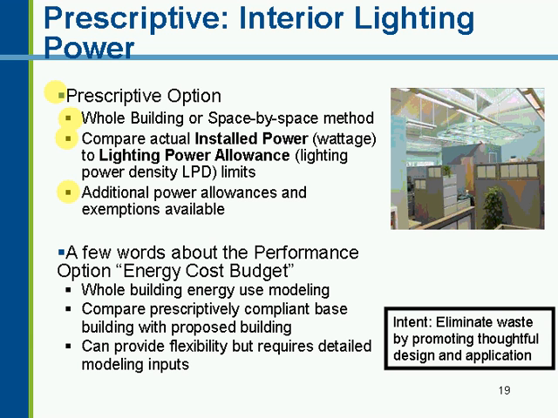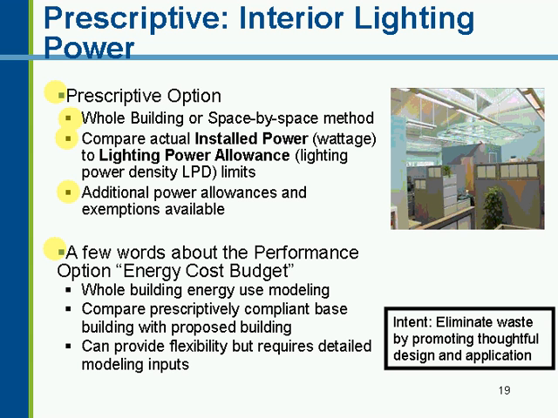One other small point I want to make here, just talk a little bit about another compliance option other than the prescriptive option, which is the performance option, or sometimes referred to as the energy cost budget. This is typically used for larger buildings with usually more complicated systems or advanced features. It's a whole building modeling process where you have to model your entire building's energy use, and you model it based on what a prescriptively compliant building might use.